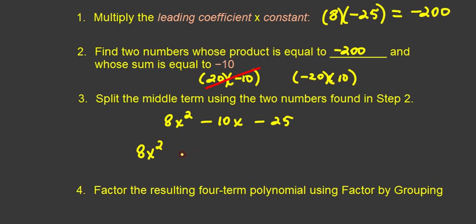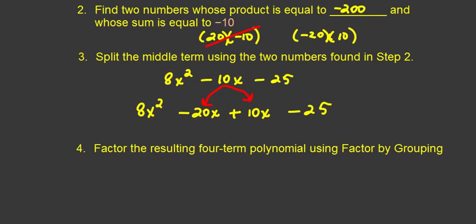Using these two numbers, we write minus 20x plus 10x and then minus 25. So all we did was we took this negative 10x and we wrote it as a negative 20x plus 10x, because after all that does add up to a negative 10x. So the original trinomial is equivalent to this one. This one has 4 terms.